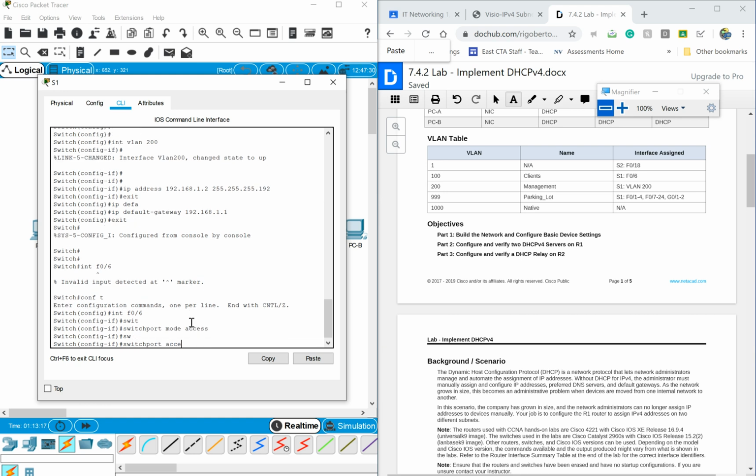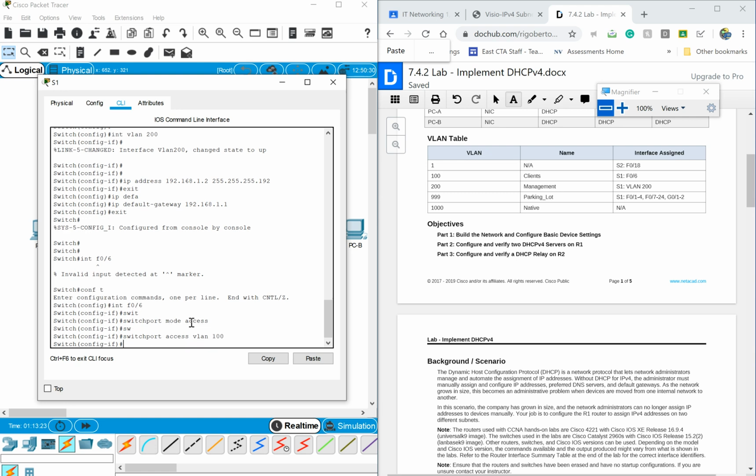Switchport access VLAN. What is it? 100. And that's all we need to do. It's in access mode, so any traffic that comes in now is going to be tagged with VLAN ID number 100. That's important to do if you're tagging traffic, which is what we're doing.